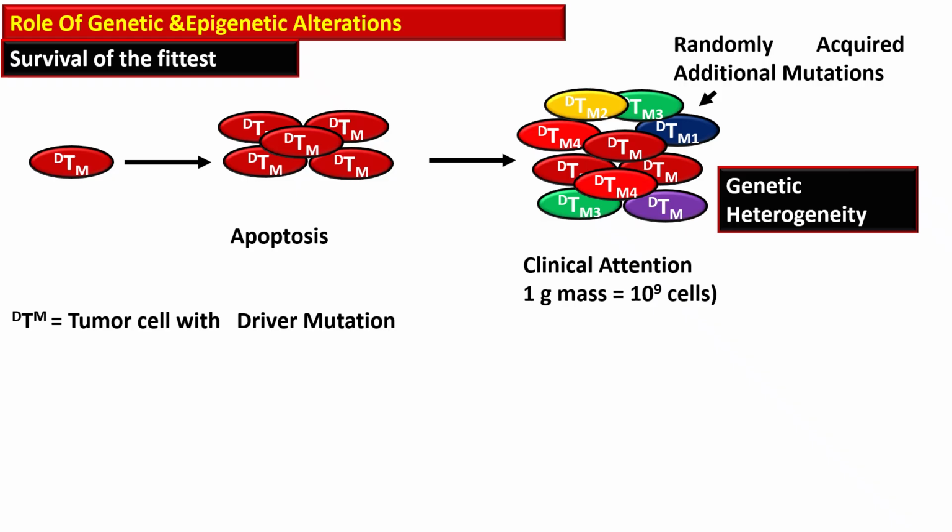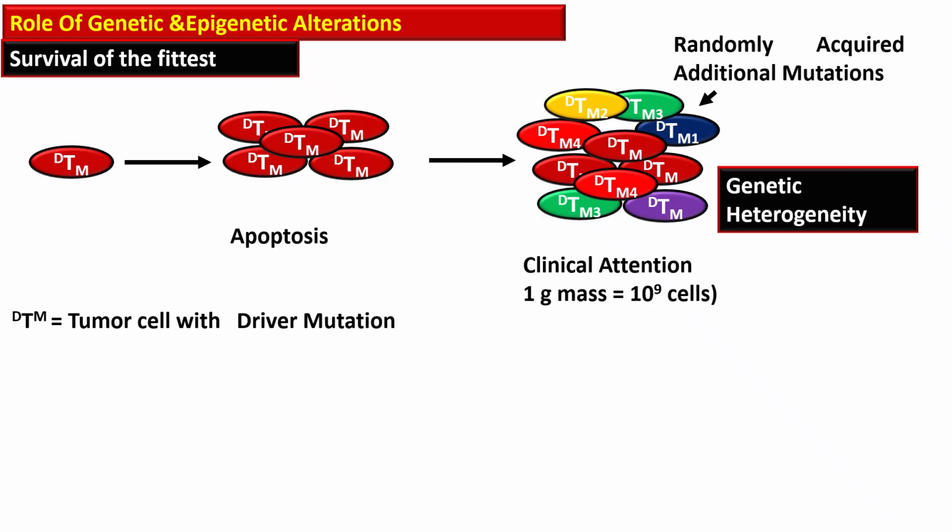This is an underestimate of about 1 billion, because some of the cells may undergo the process of apoptosis during the early stages.